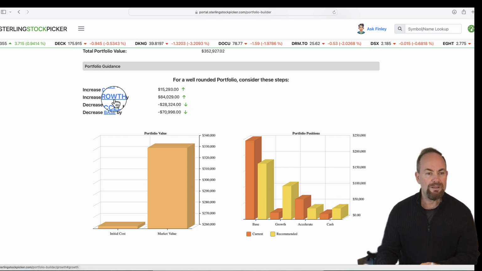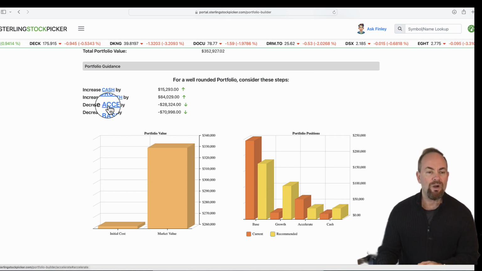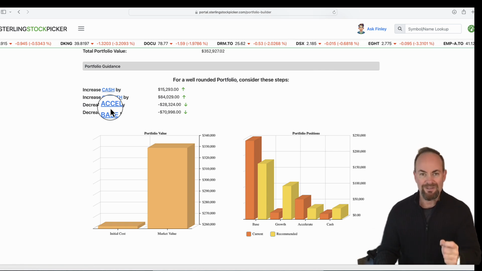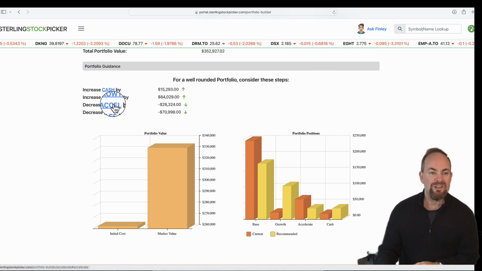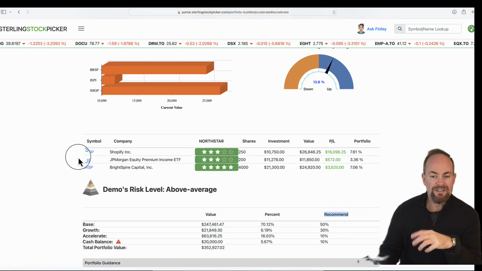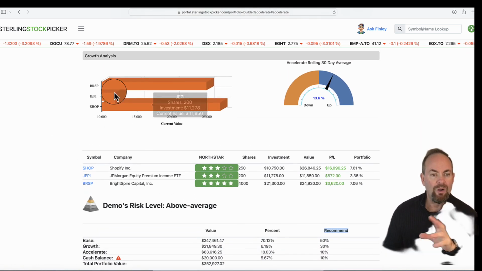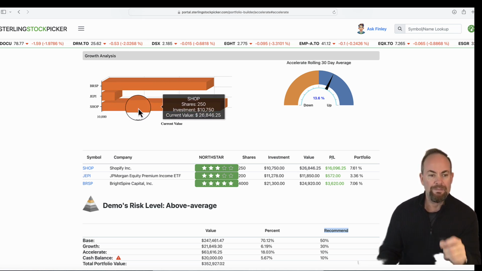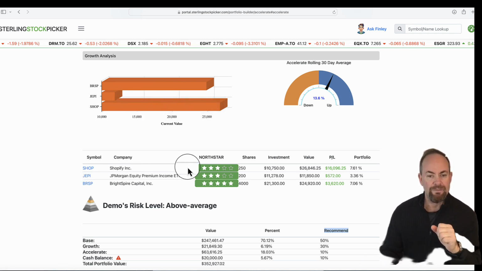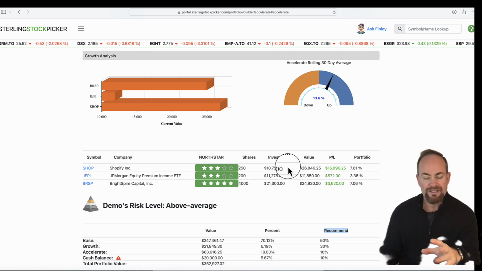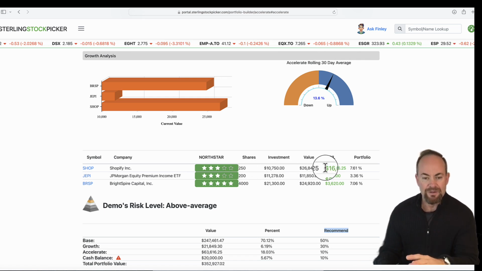So you can simply figure out you want to decrease the categories first before you increase. Makes sense, right? So you would click the Excel category, and it will show you all of the companies that you have in that category. It shows the ticker symbol, the North Star, how many shares, the amount you invested, and the current value.